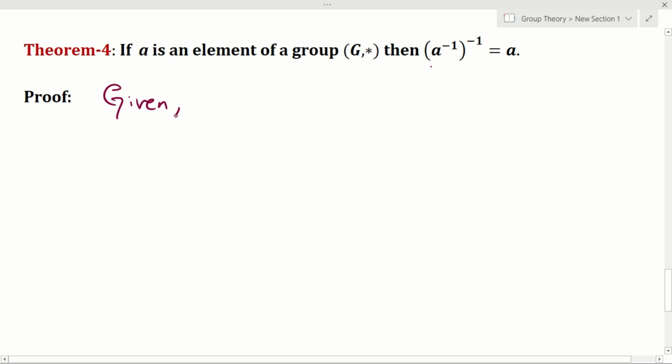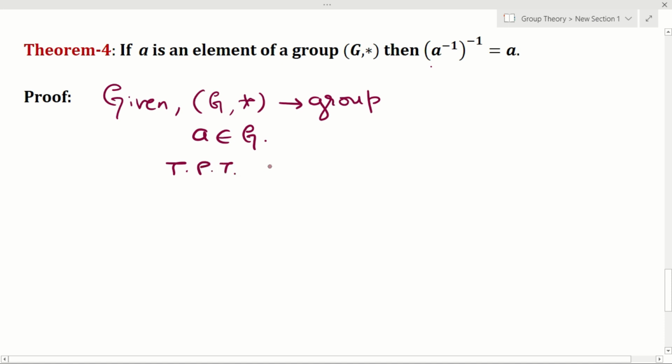Given first G star is a group. And also we know that A is an element of G. So what is our aim? To prove that A inverse whole inverse is equal to A.